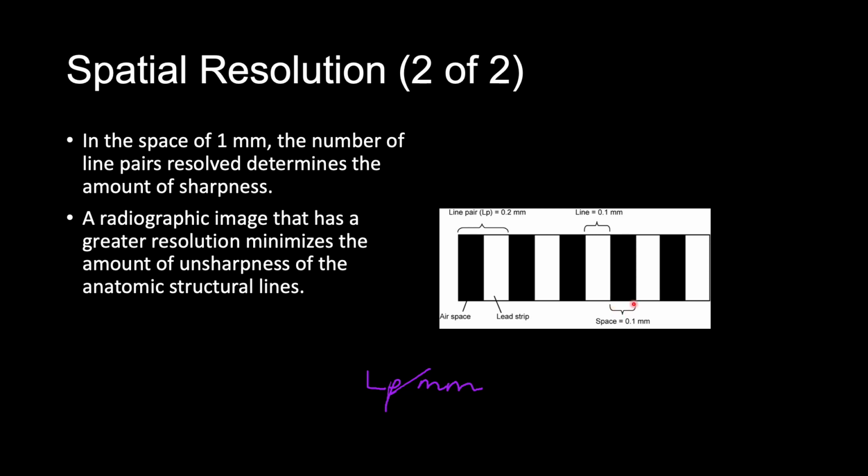Spaces in between is 0.1 millimeters. So again, a line pair is going to include a line and a space. So if each line pair includes a line and a space, then if we have 5 LP/mm that are visualized, a line pair is going to measure 0.2 millimeters, and then each line is going to measure 0.1 millimeters for a total of 5.